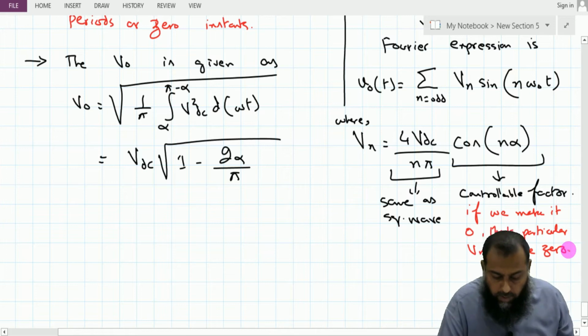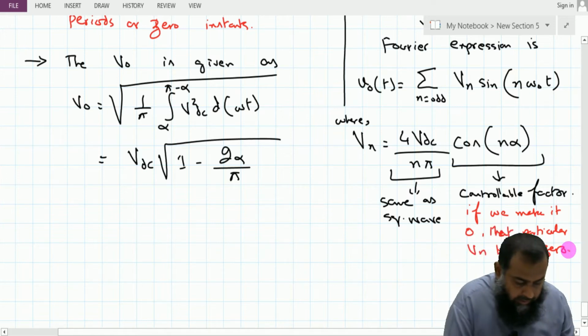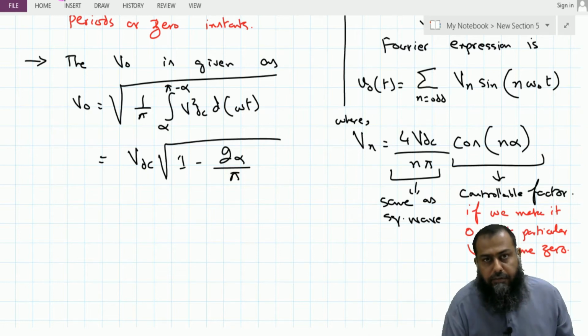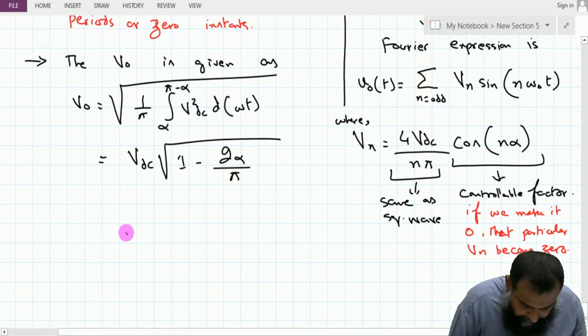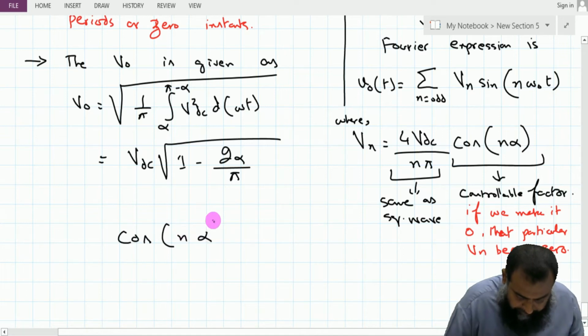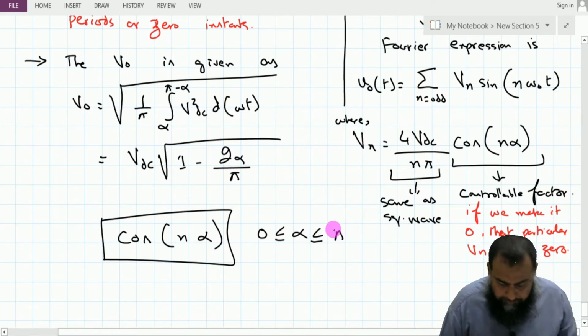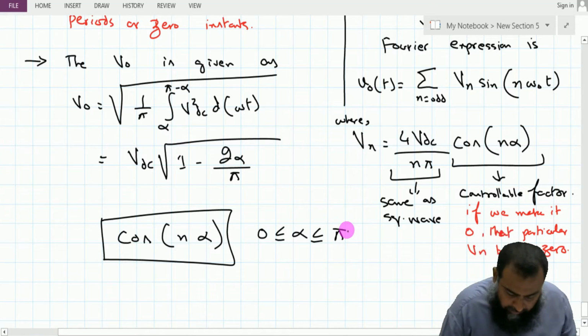So this cosine n alpha is a very important quantity in understanding the operation of a quasi square wave inverter. Cosine n alpha is the real hero in the whole system, where this alpha can vary from 0 to pi.